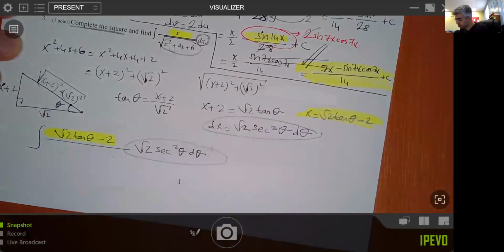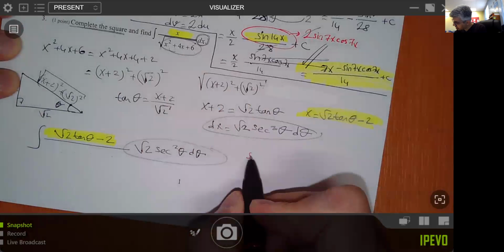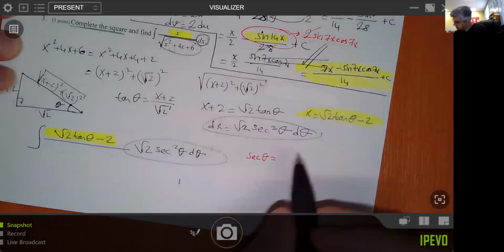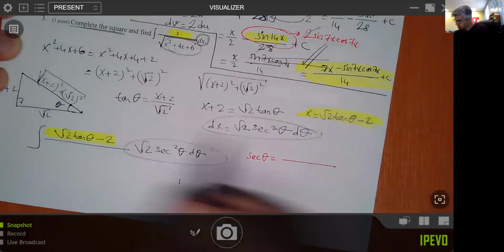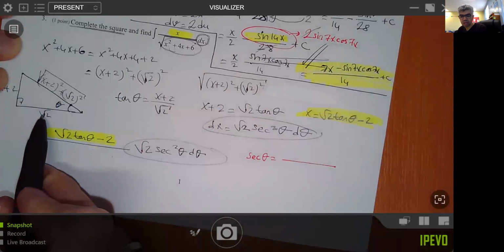Sine, cosine, tangent, cotangent, something else. What we know, let's write here, what we know, guys, secant theta here is equal to what? It is hypotenuse over adjacent side, okay?